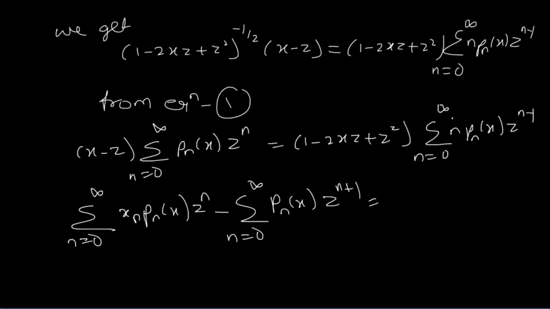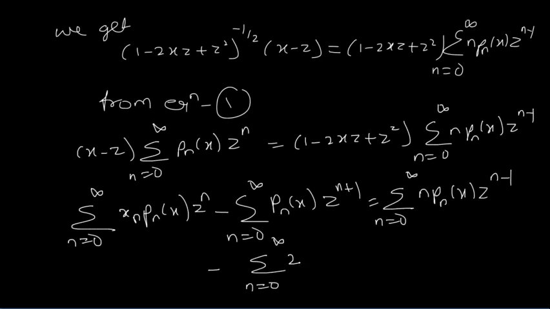So first 1 into this one, next this into this one, then plus this into this one, right? So first 1 into this one, which is equal to summation from n is equal to 0 to infinity n into Pn of x z raised to n minus 1. Next this into this, so minus summation from n is equal to 0 to infinity 2n x into Pn of x into z raised to, here plus 1 and minus 1, z raised to only n.